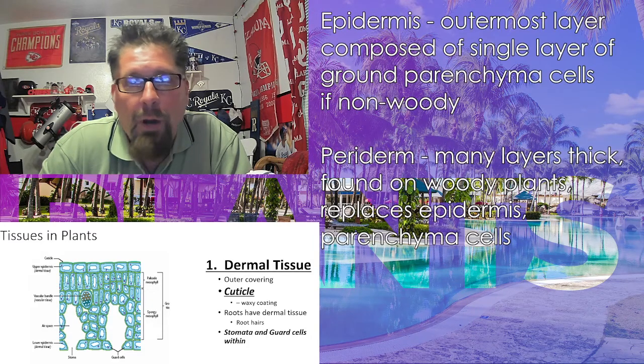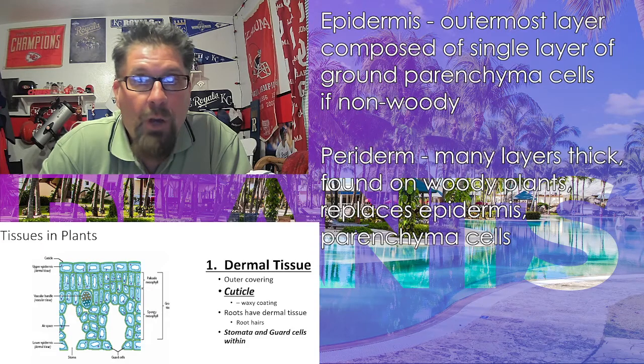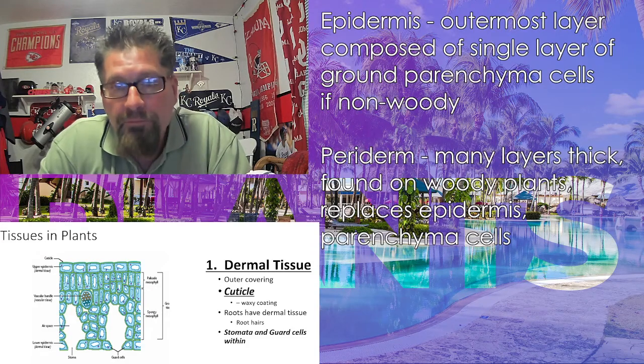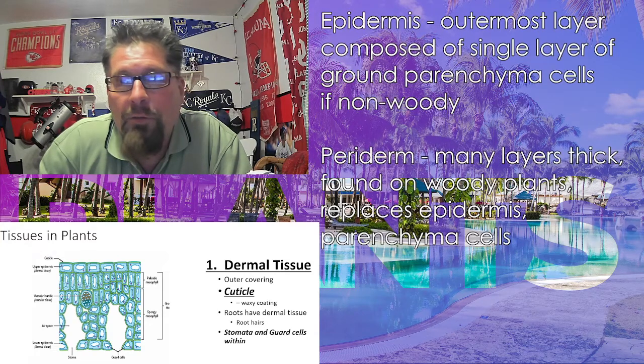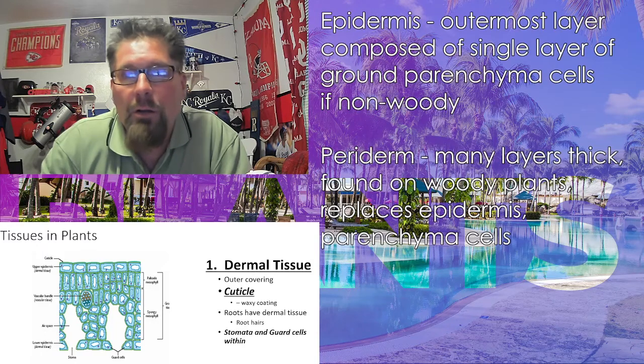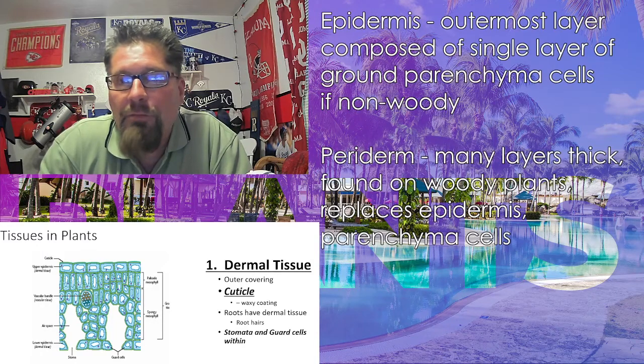The top part would be the epidermis, as well as the bottom part. Now for us, this skin is the same wherever you'd be, but for the dermal layer, it would be different on a plant as far as what's going on.